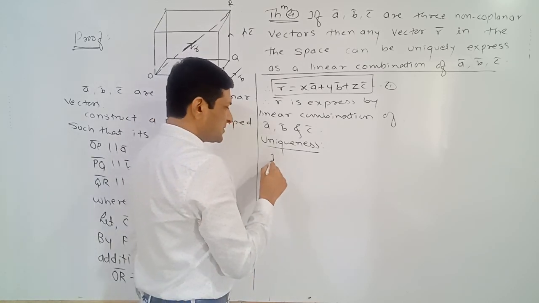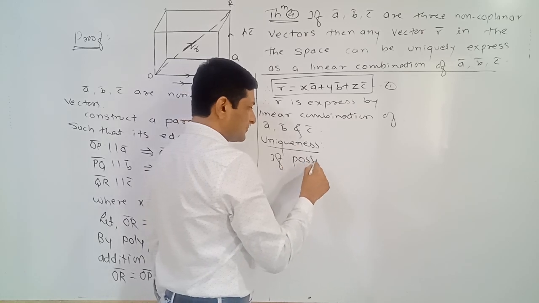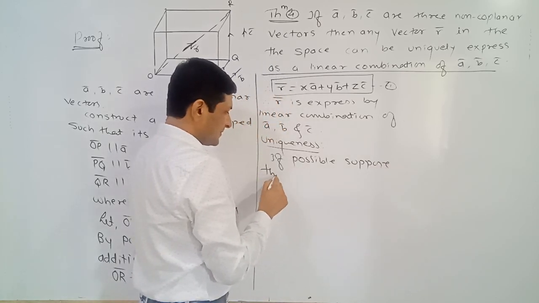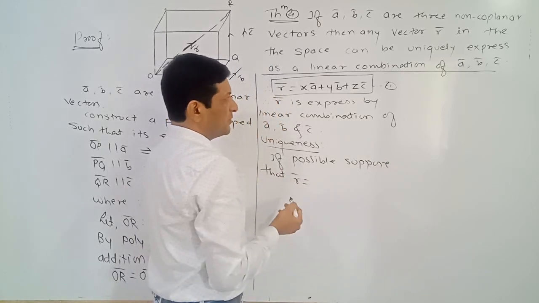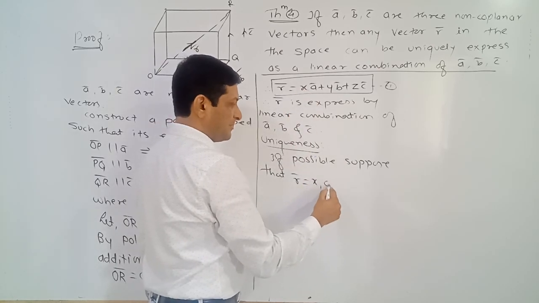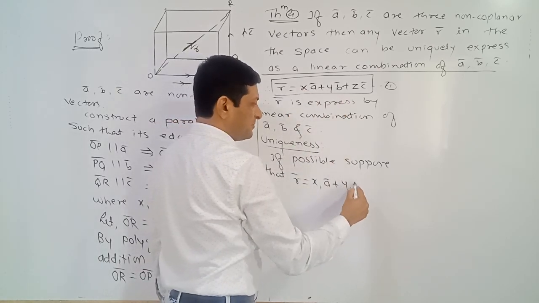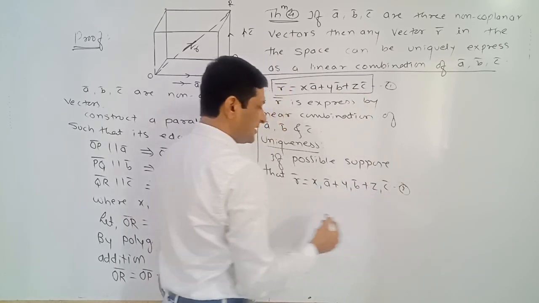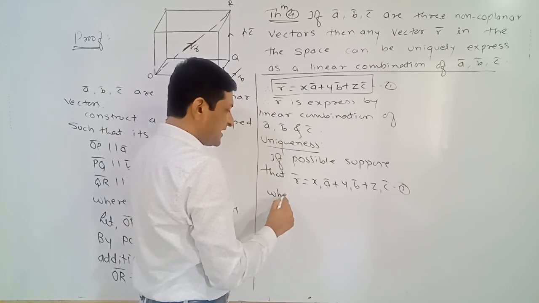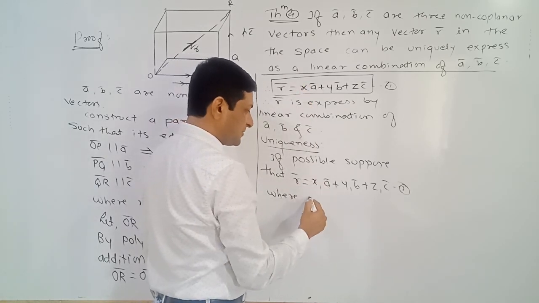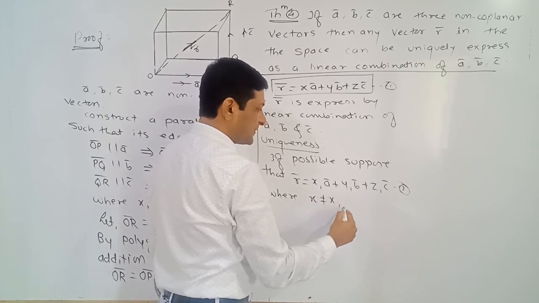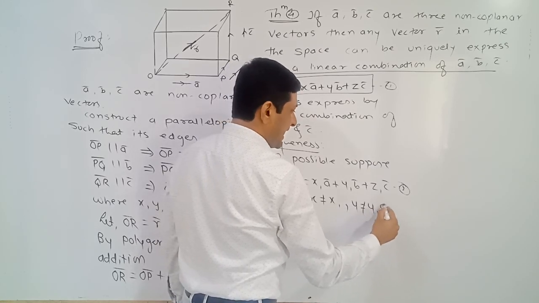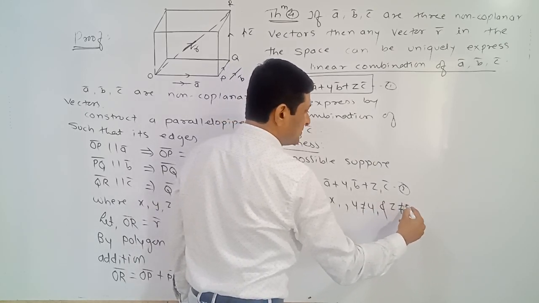So if possible, suppose that R bar equals, instead of x, I am taking here x1 A bar plus, replacing y by y1 B bar and replacing z by z1 C bar. Denote this by equation number second, where x is not equal to x1, y is not equal to y1, and z is not equal to z1.